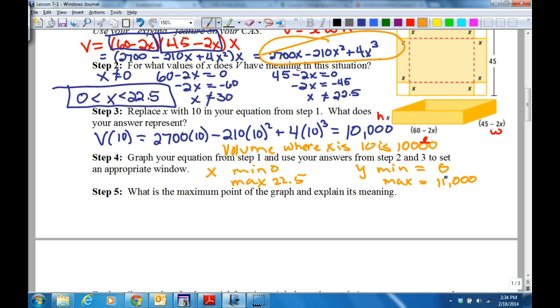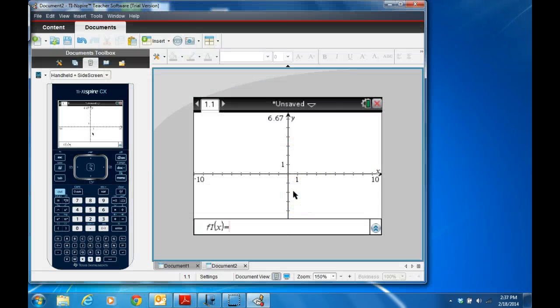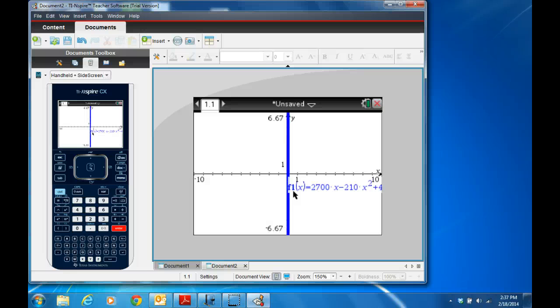Oh, because step 3 is to find y. So I'm going to put 2,700x minus 210x squared plus 4x to the third into my equation. Notice that you can't see anything on it.